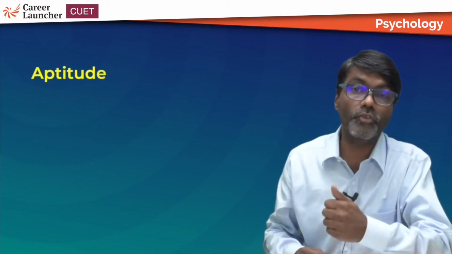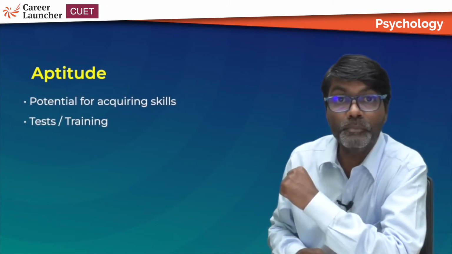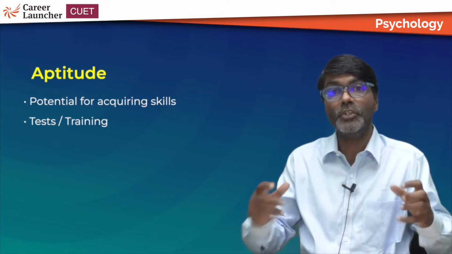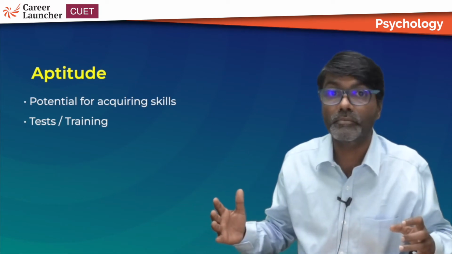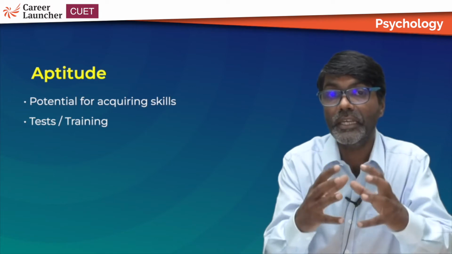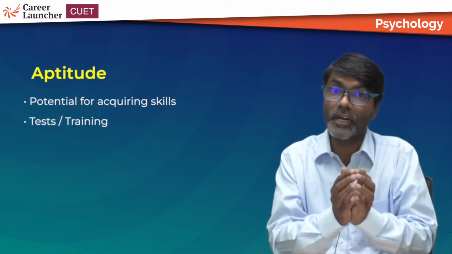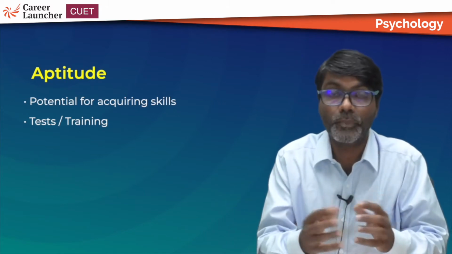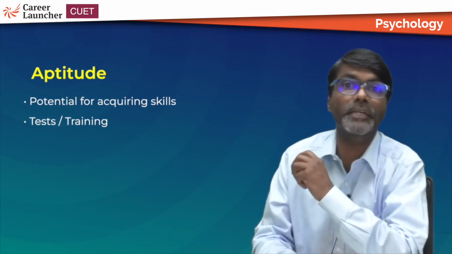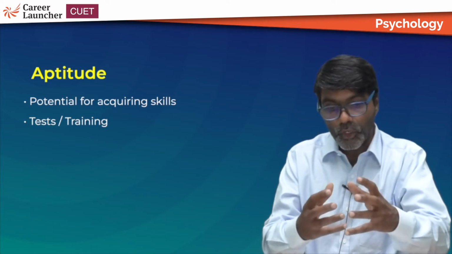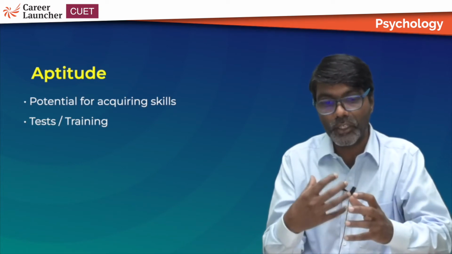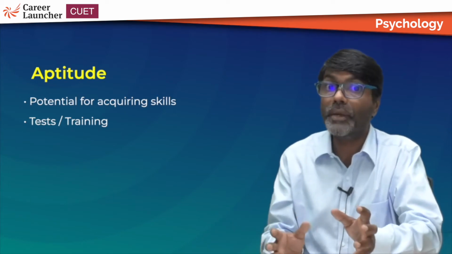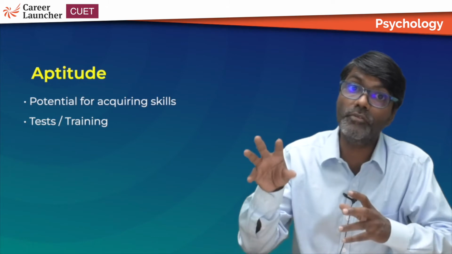Okay, let's move forward and say, then what is aptitude? Aptitude is the capacity to learn new skills to execute a problem. Whether you have the capacity to learn new things with which you can do some work. For example, if you have high aptitude for mathematics, then if I am a teacher, I find that it is easy for me to teach you mathematics compared to another student who might have a high aptitude in verbal ability.